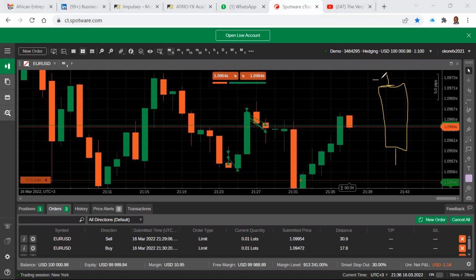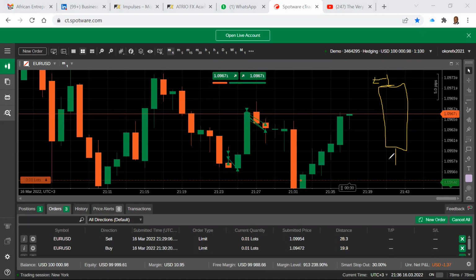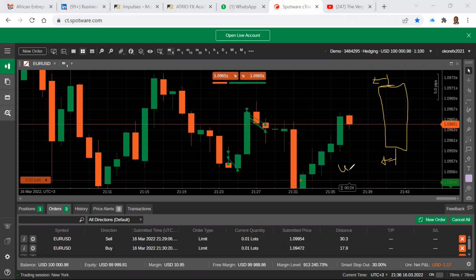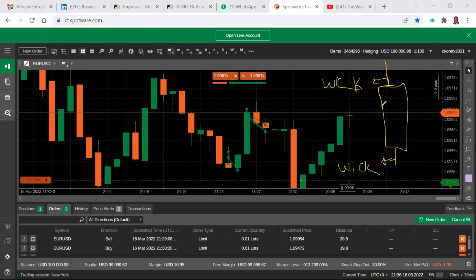These little things at the top and at the bottom are what we normally call wicks. A candle wick. That's basic English. Now, they do have a meaning though. I'll give you just the definition, and then we'll observe how they are forming.